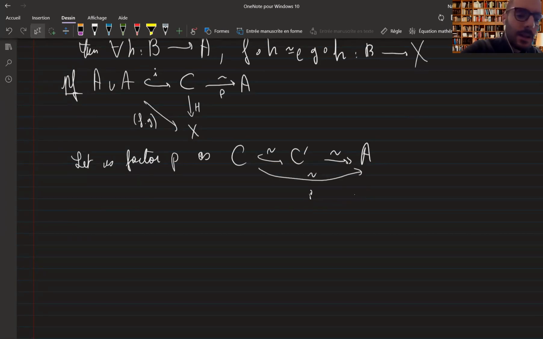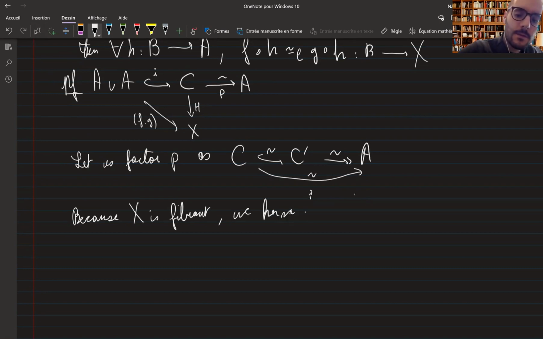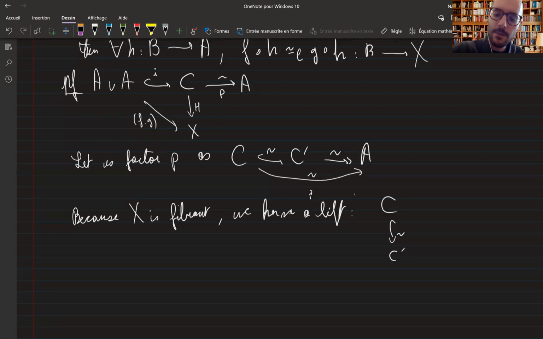Okay. And so now we use our hypothesis that X is fibrant. We have a lift. Okay, so we have C goes by an acyclic cofibration to C prime, goes to the terminal object. This is a fibration.